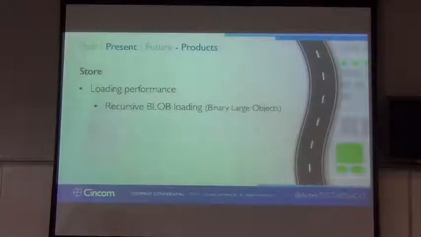For Store, we've been continuing to improve performance. This release, we've improved loading performance by supporting recursive blob loading in Store, that's binary large objects. So instead of making many calls, you can make one call that recursively loads it all in. That can have a significant performance benefit.